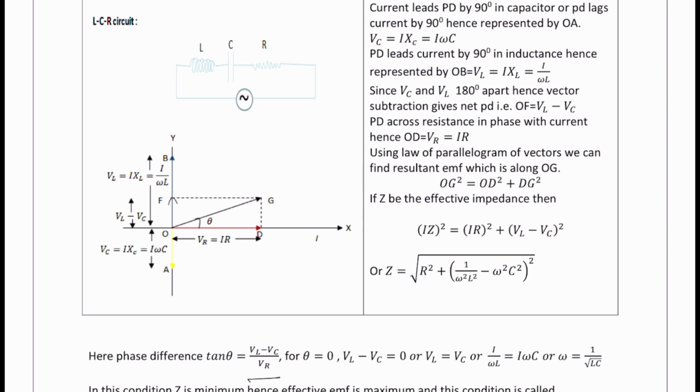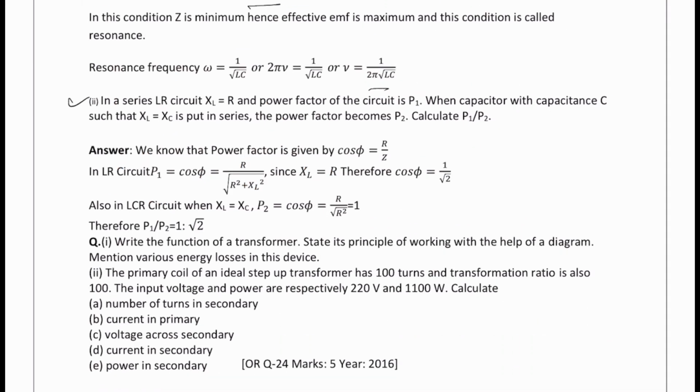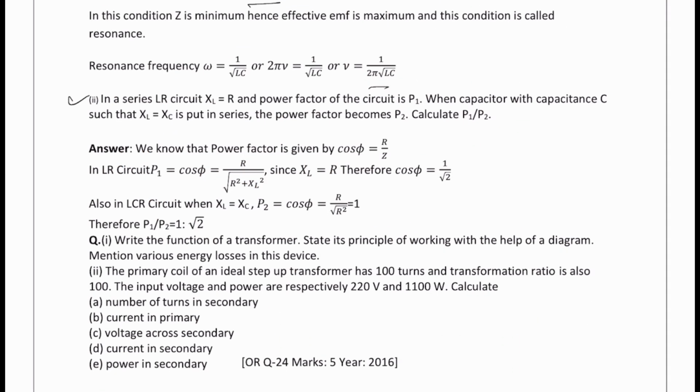Now we'll move to the second question. In a series LR circuit, XL is equal to R, and the power factor of the circuit is P1. When a capacitor with capacitance C, such that XL is equal to XC, is put in series, the power factor becomes P2. Calculate the ratio of P1 by P2.